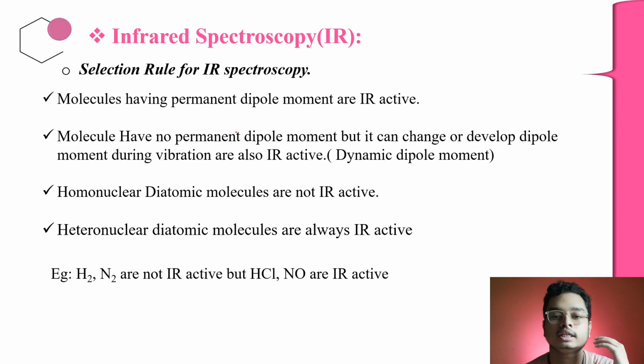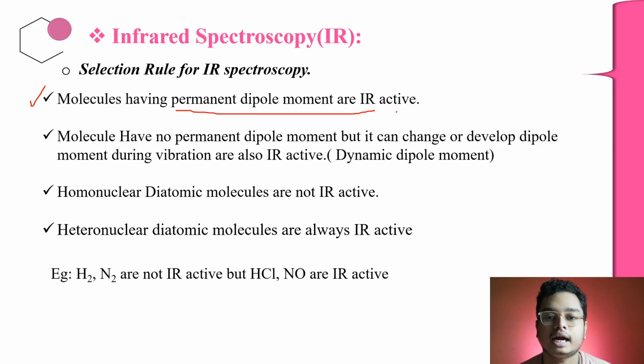There are some selection rules for a molecule to be IR active. The first rule is that a molecule having a permanent dipole moment is IR active. This is the most important rule. Also, if the molecule has no permanent dipole moment but during vibration it develops a temporary, or dynamic, dipole moment, then the molecule is also IR active.